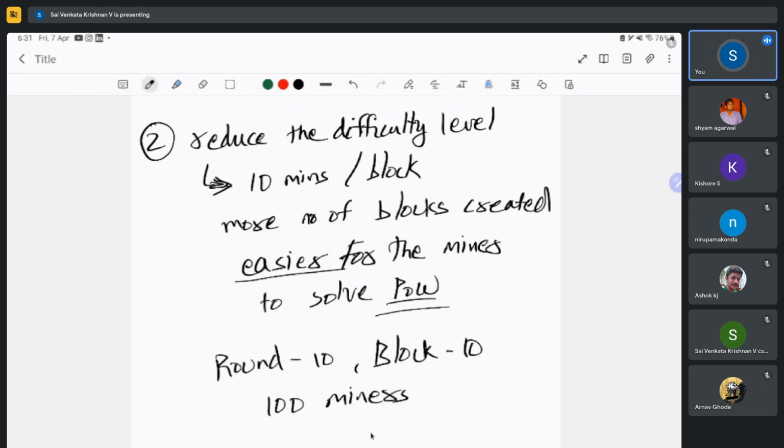Previously, when we have this 10 minutes per block condition, like some number of zeros, the difficulty target, that was the difficulty level. Now if we reduce that difficulty level, it becomes easier for the miners, and more miners would be able to solve the proof of work, and each of those miners would be proposing block 10.